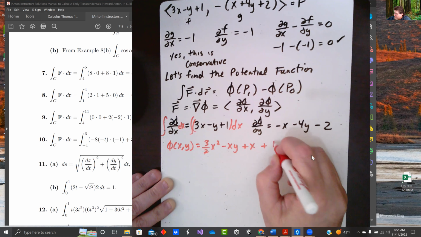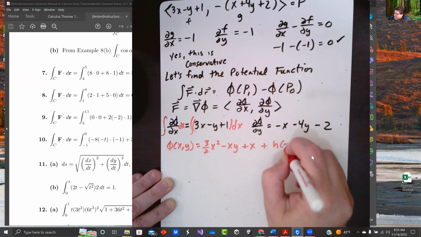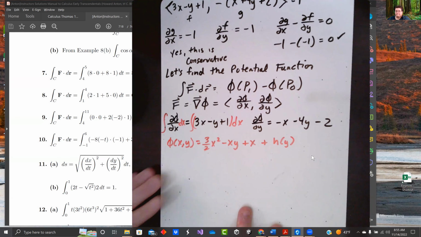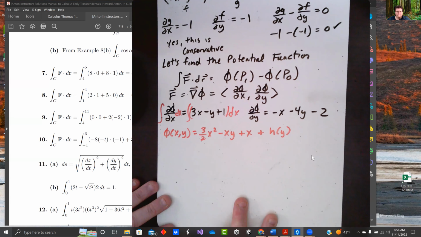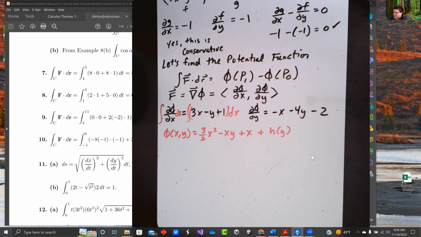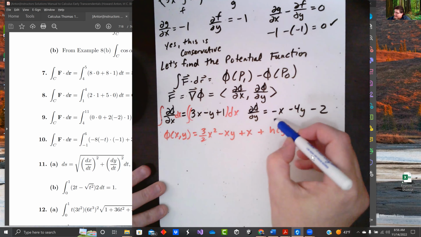I used f and g above, so I'm going to use h right now. Now, if I take the derivative of this with respect to y, I should get this.